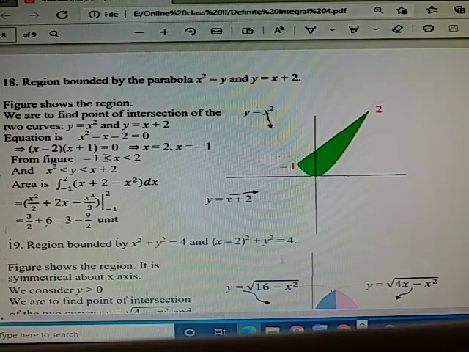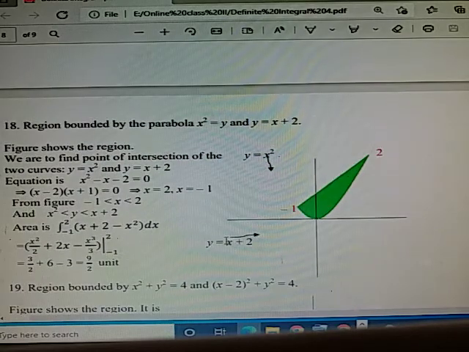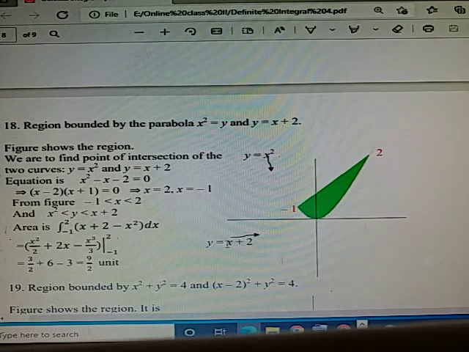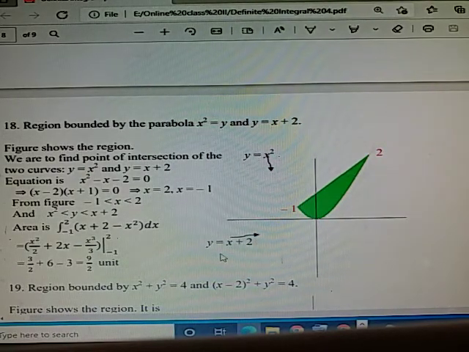So this is the line y is equal to x plus 2, and this is the curve, the parabola. So it is from minus 1 to 2. x is varying from minus 1 to 2, and y is varying from this curve to this one.